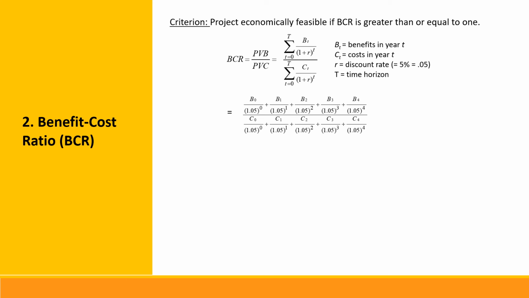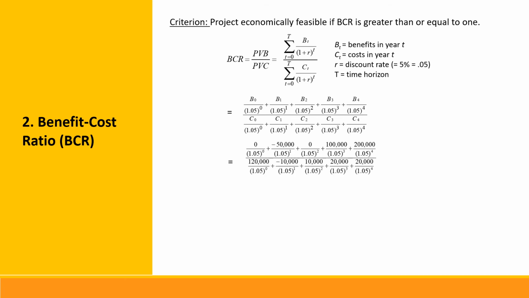So the summation can be shown as this. Instead of using the summation notation, we could just add the present value of benefit and cost in each year.